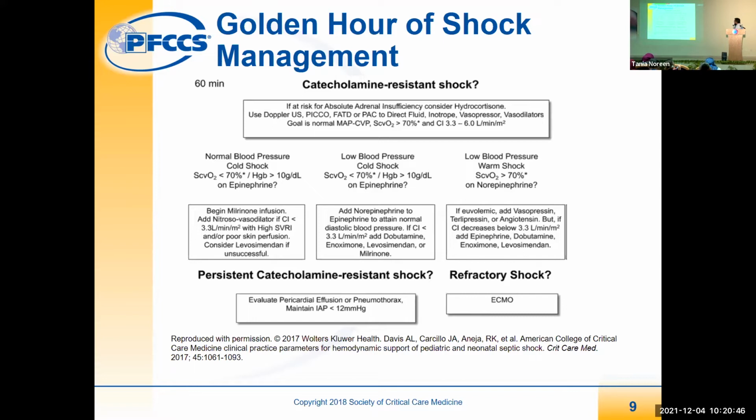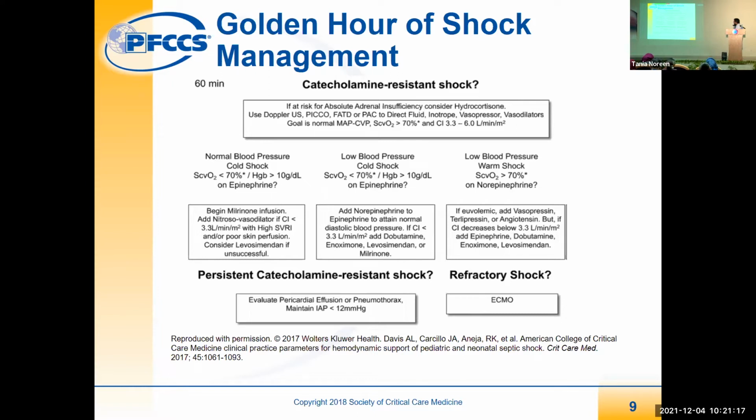If there is low pressure and warm shock, the patient is a candidate to start the vasopressors, and generally norepinephrine. In certain situations, vasopressin can also be used. Milrinone can be used in situations where the pressures are okay, but our peripheries are cold. So these are the situations where the milrinone can be used.